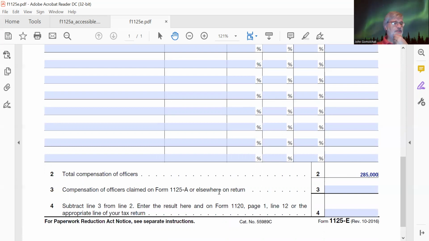Now, in the fact situation, I said that Giannini's pay was 50% devoted directly to the manufacturing process, and it should be counted against direct labor in the making of the product. If you remember from the 1125A, one of the things that goes into the calculation of cost of goods sold is, of course, direct labor.